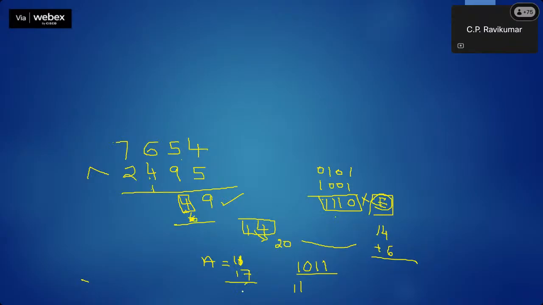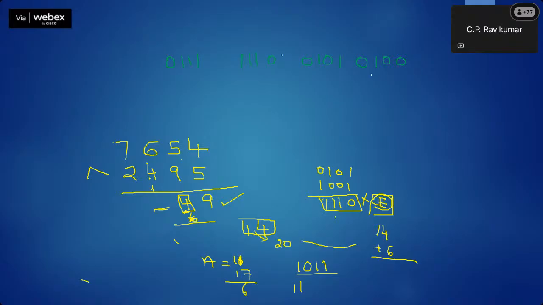So the difference is 6. So again, we have to add 6 here. So the better way to understand this could be: we have 0, 1, 1, 1, 1, 1, 1, 0, 0, 1, 0, 1, and 0, 1, 0, 0.